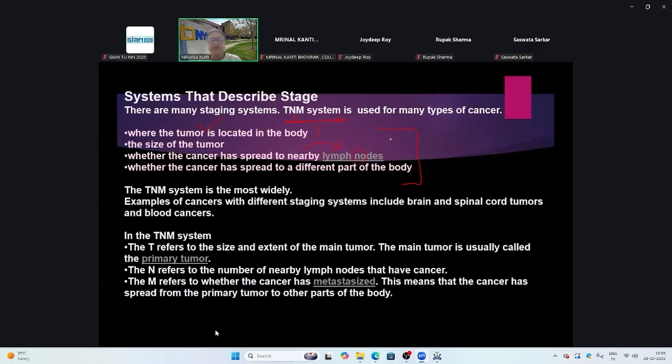All the immune cells live there, so that's going to be a problem. And then, has the cancer spread to different parts of the body? Is it only spread very nearby, or has it spread really far? Those are the three questions. The TNM system is extremely widely used, and we're looking at it in the next one.